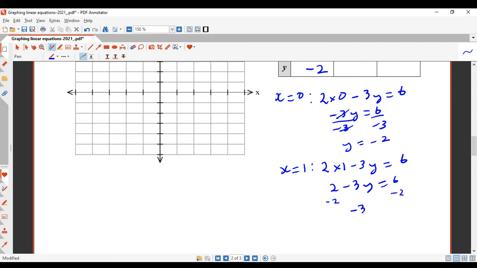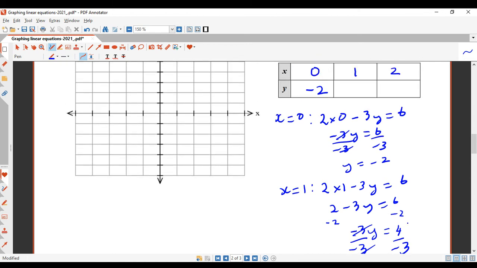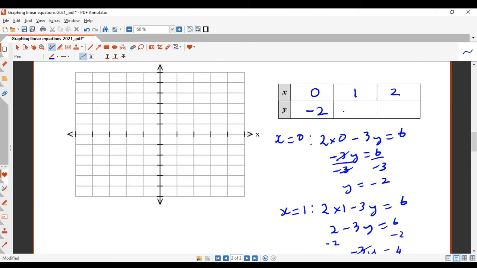Gives you minus 3y equals 4. And then divide by negative 3. Cancel, cancel. You get y equals 4 over negative 3, which is just negative 1 and a third. Okay, so go back to your table. Negative 1 and a third.